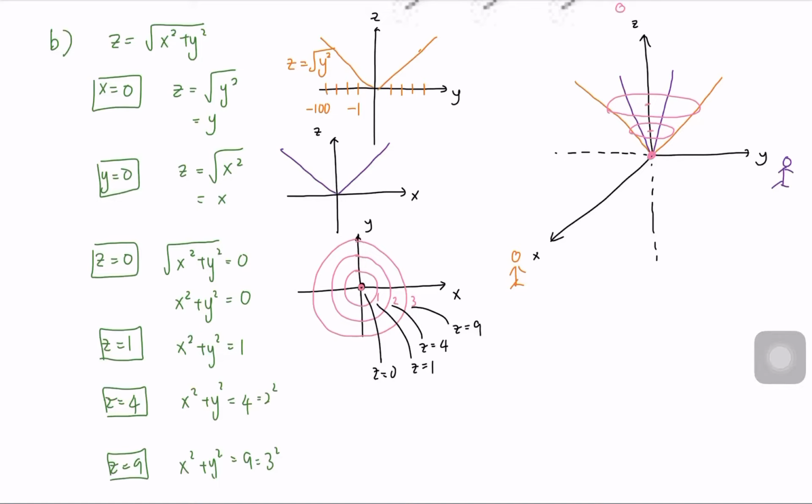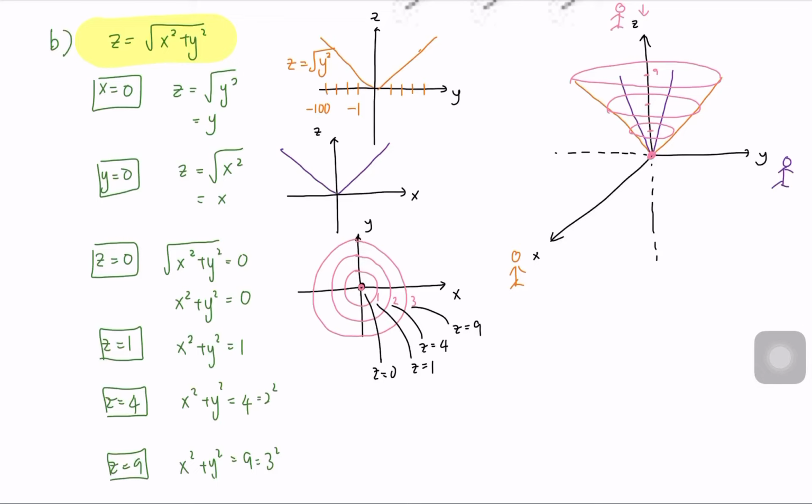Basically you can see from z, looking down, you can see a circle. And then for z equal to 9, you can see another circle. So that is our cone, the cone of this equation.